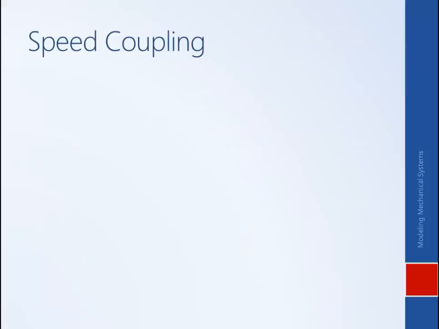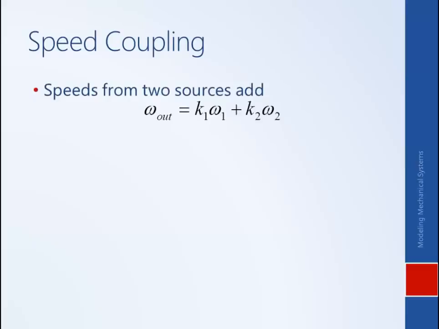Another type of device that we can use to combine the two different power plants is what we call a speed coupling device. So again, if we still begin with our original equation where we were assuming power was conserved, where we had T out times omega out equals T1 times omega 1 plus T2 times omega 2.